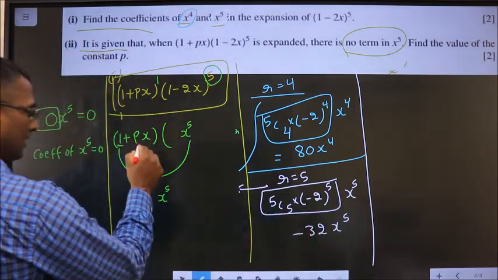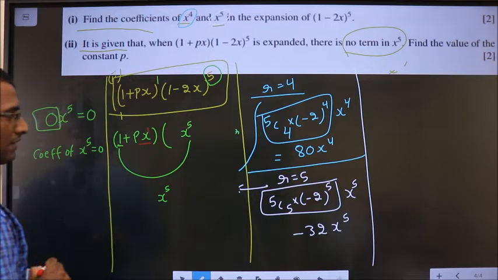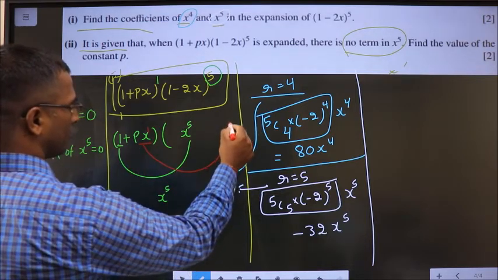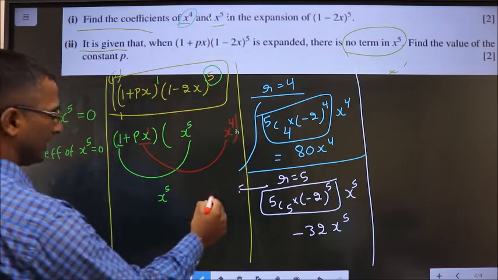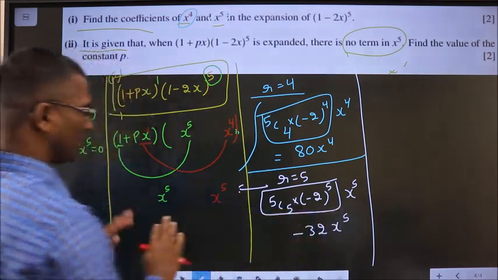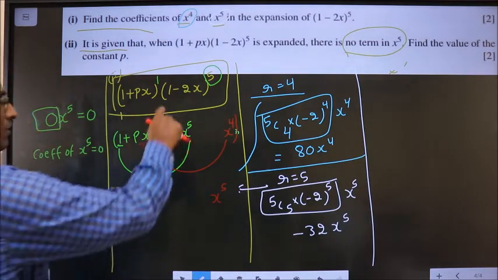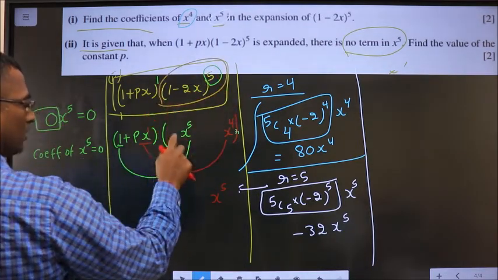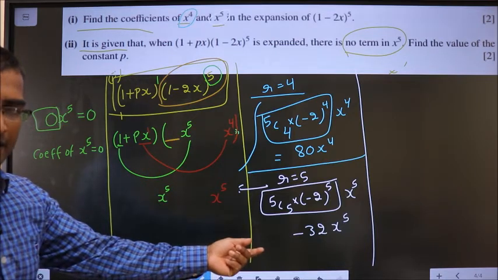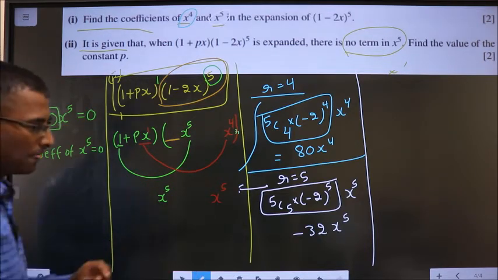Now here it is x power 1. This needs to be multiplied with x power 4. Only then it will result in x power 5. Clear? Understood now? By making use of the first bit answer, I can write.